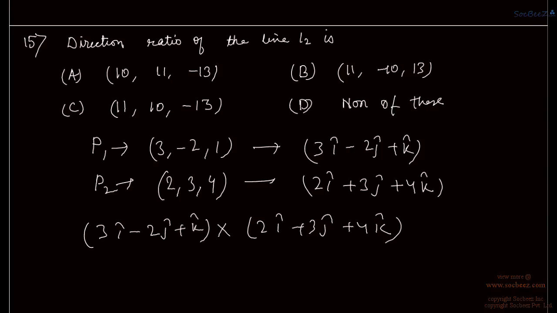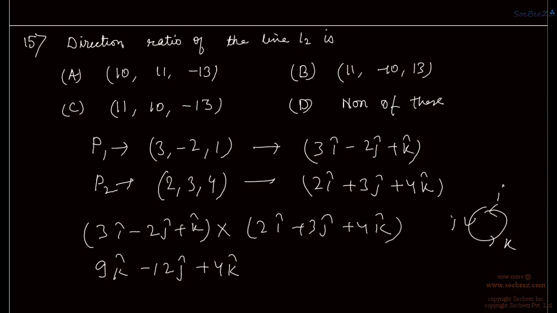So that is 3i cross 2i, again 0, 3i cross 3j is 9k, 3i cross 4k is minus 12j, okay, minus 2j cross 2i, plus 4k, okay, ji minus k.